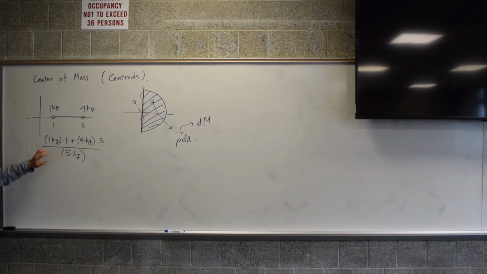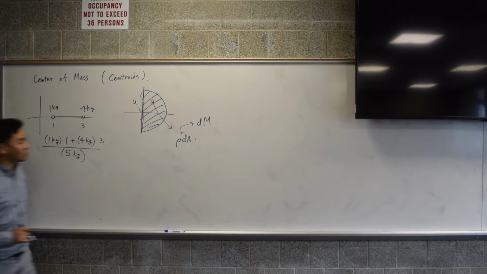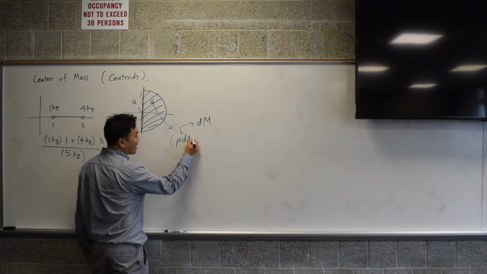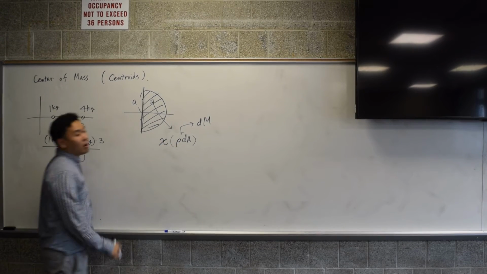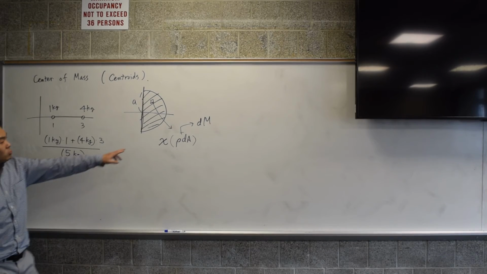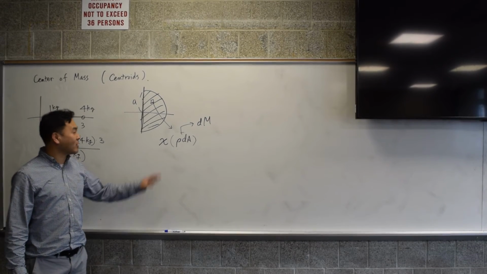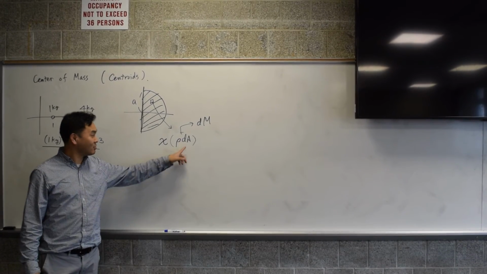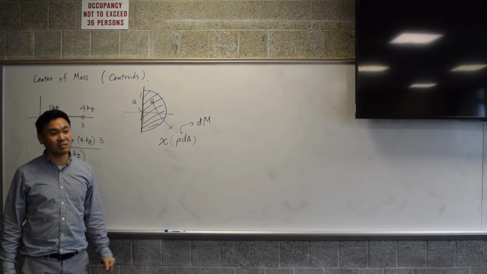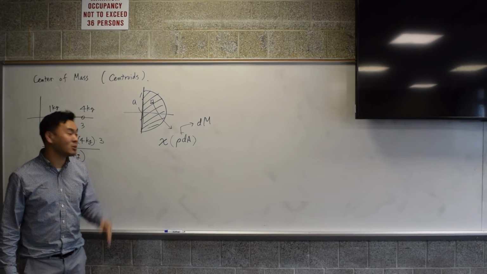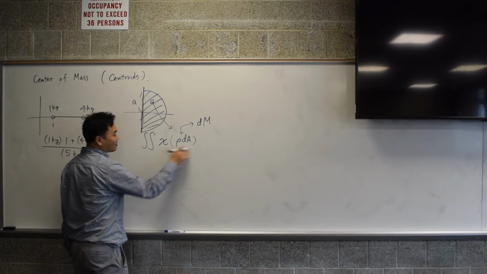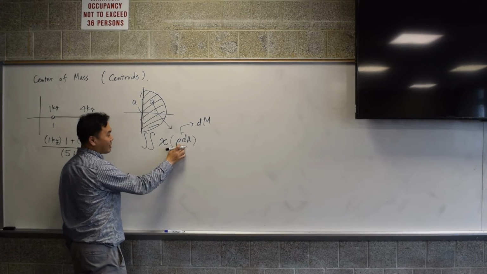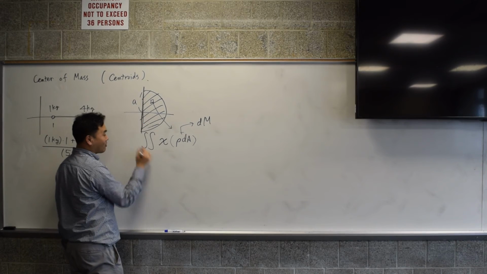And according to what we did previously, the right thing to do is to take this mass and multiply by the x position of the mass. And then I have to add up these small things. How do you add them? You do integration. So I add up all the x values multiplied by the mass, and I integrate over this half disk.